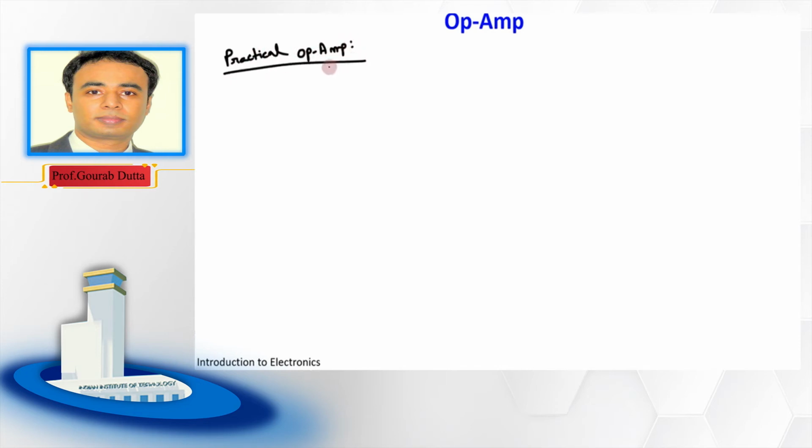So let us first draw the equivalent circuit of a practical op-amp, which looks something like this. Then inside, similar to our earlier case, we have this inverting terminal, we have this non-inverting terminal, and this is the output terminal.